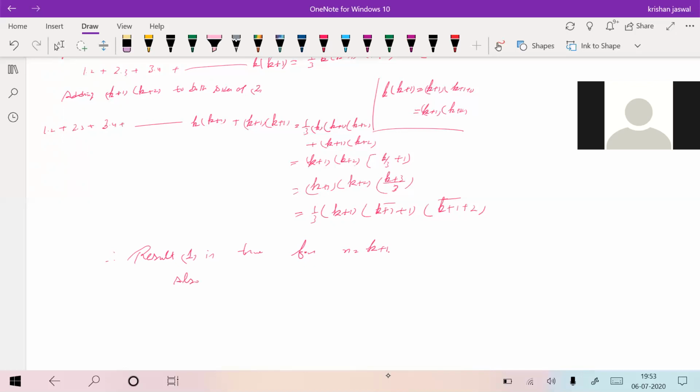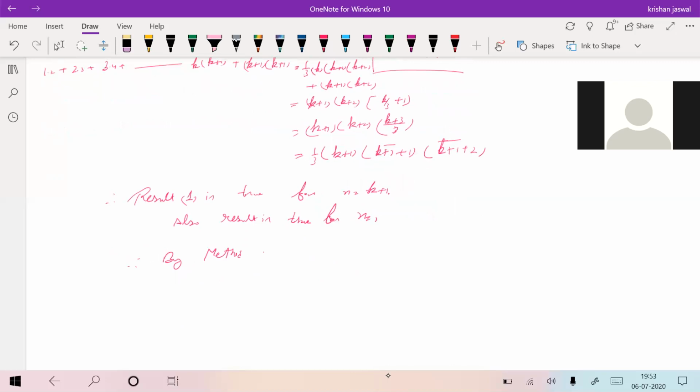Result is true for n is equal to 1, therefore by the method of induction, the result is true for all n belonging to natural numbers.